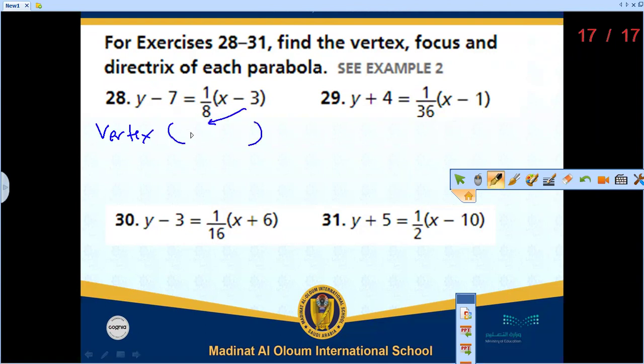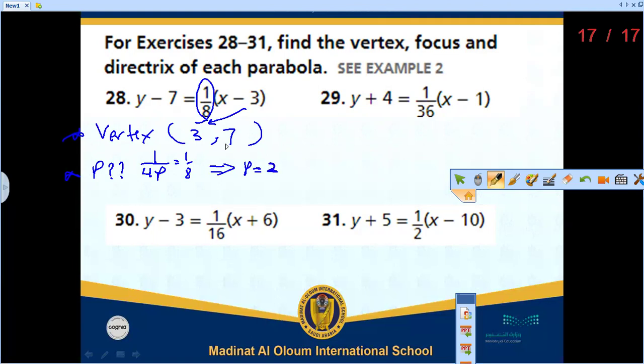My x negative 3 became 3, my y negative 7 became 7. This is my vertex. Now, I need to get P. How would we get P? 1 over 4P equal what is in front of the bracket, which is 1 over 8. By using shift solve or cross multiplying, 4P equals 8, so P is 2.